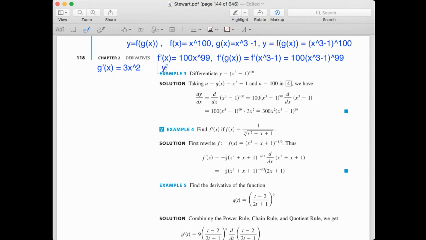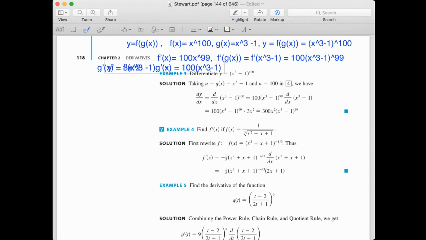So y prime equals f prime of x cubed minus 1 times g prime of x, which equals 100 times x raised to 3 minus 1 times g prime.